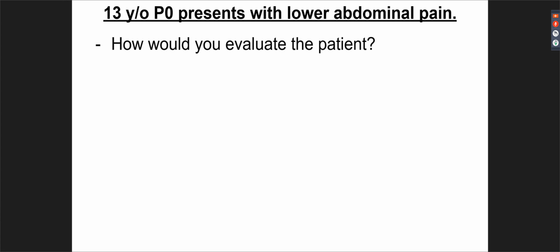Then I will do a pelvic exam if she's sexually active. But if not, I will do vulvar inspection. And if the parent is present, then I may also do a rectal examination.